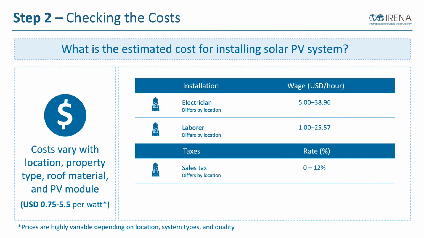So local labor, whether it's electrician labor or general construction laborers, and then other taxes and tariffs can be all over the place as well, depending on where you live, what country you're in.